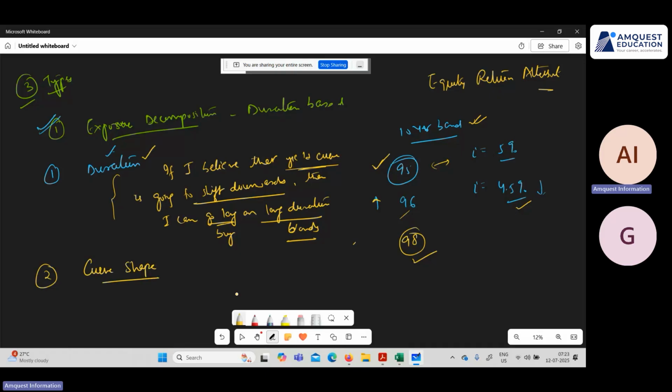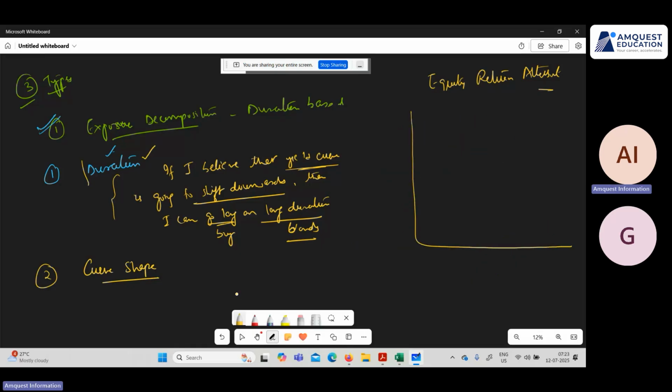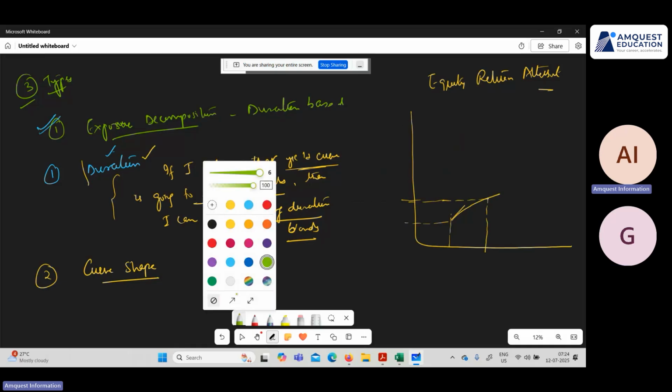Okay. Another one is curve shape. So one thing is that you have a yield curve and you see parallel movements. This is called parallel movement with respect to this. This is parallel and this is parallel. Right? So when I was talking about duration, I was referring to parallel movement. But there's another thing which is curve shaping, which means on the same duration, let's say you have this before and you have this now. Can you see?